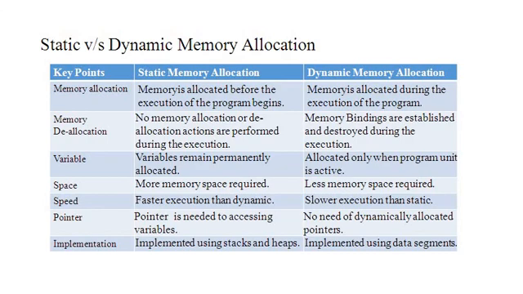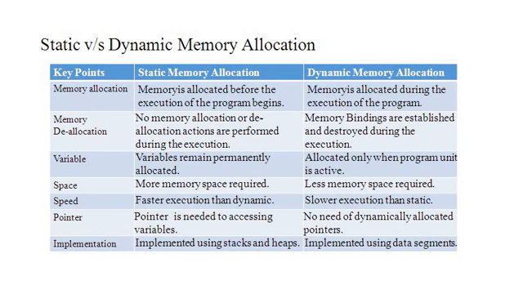So what is static memory allocation and what is dynamic memory allocation? First, you have to know what is static and what is dynamic. What is static? It is done before the execution. Then what is dynamic? It is done during the execution.